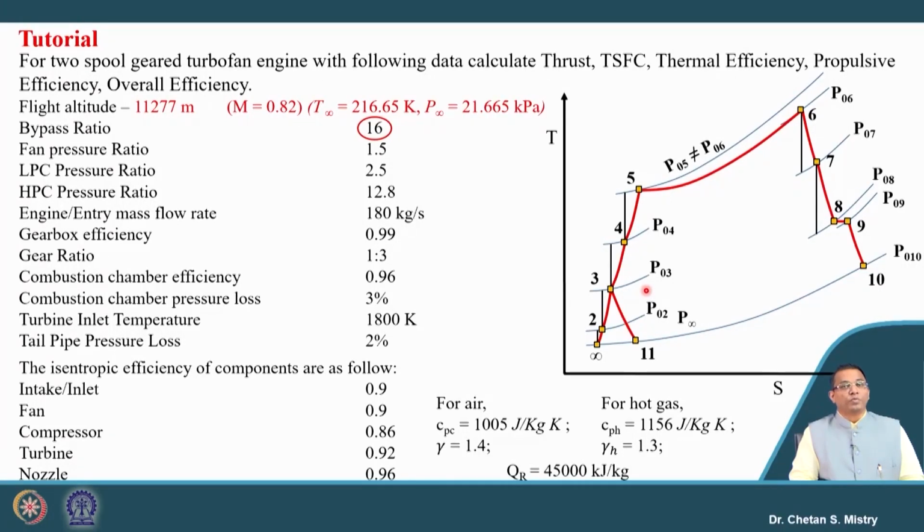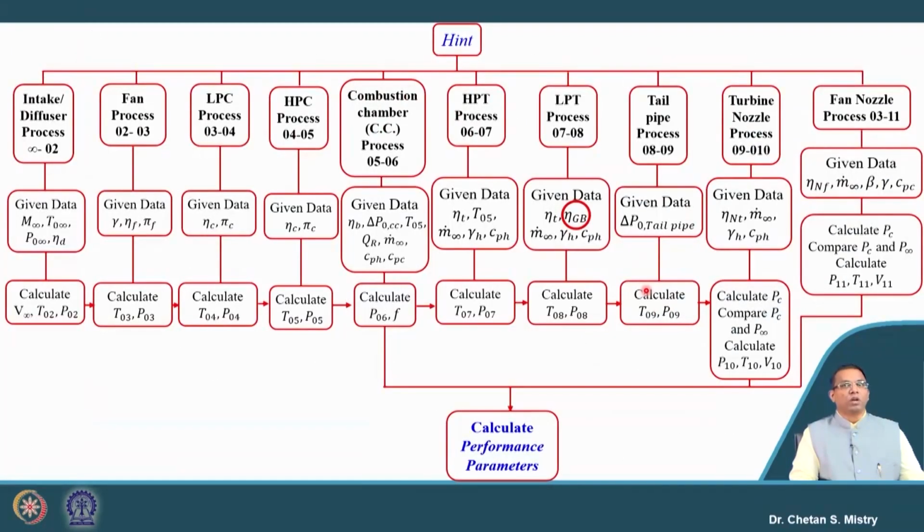We want to observe what is happening with my performance parameters in terms of thrust, thrust specific fuel consumption, thermal efficiency, propulsive efficiency and overall efficiency. So, in the earlier case we had a bypass ratio of 12, here we will be configuring our bypass ratio to be 16. And in order to solve this numerical, you are matured enough.